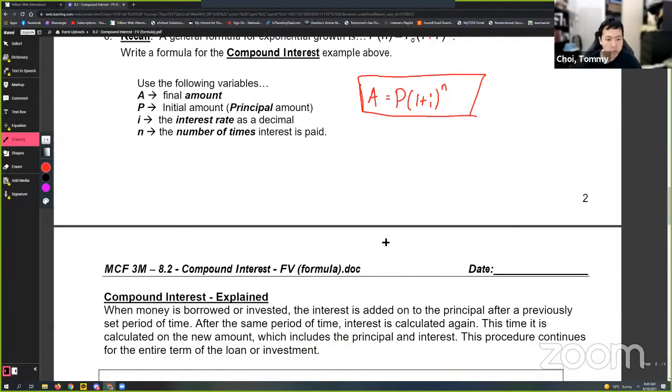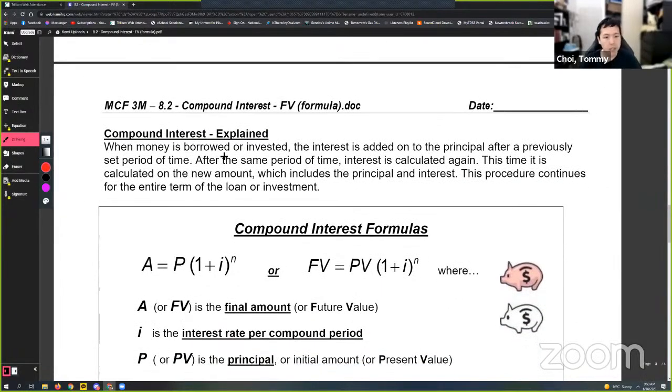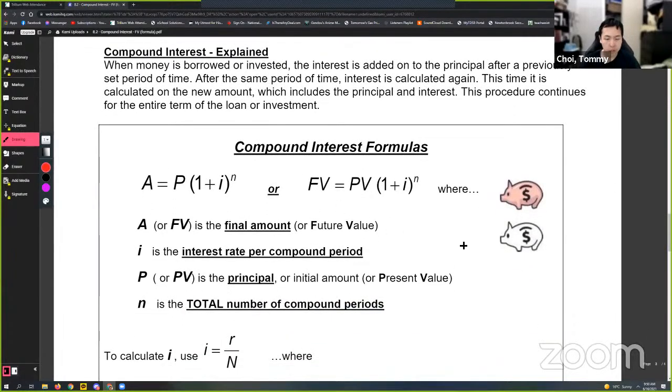So when we talk about compound interest, when money is borrowed or invested, the interest is added on to the principal after a previous set amount of time. And after that time, the interest is calculated again, and then it's calculated on the new amount, and it keeps going forever and ever.